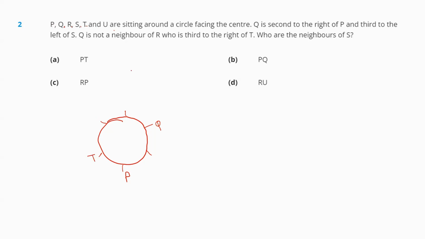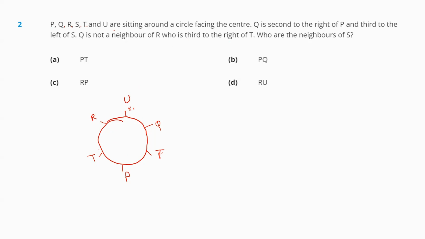Now, Q is not a neighbor of R. So R will not come here. R will not come here. So R will be here. Who is third to the right of T? Third to the right of T will be 1, 2, 3. So T will come here. What's remaining is U. So we have to find who are neighbors of S. We did something wrong.